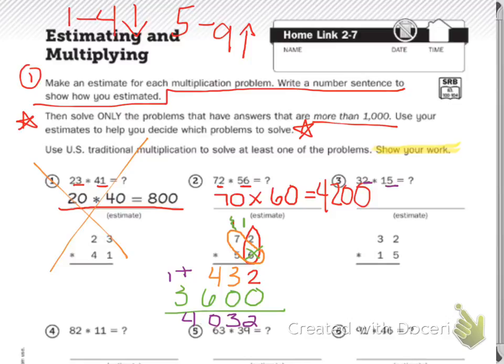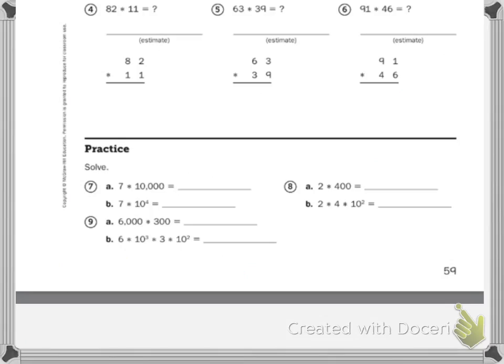Let's go to 4, 5, and 6. I want you to do 4 by yourself, and we're going to do 5 together. So I have 63. I'm looking at my 3, and I need to round down to 60. Times, and then I have 39.